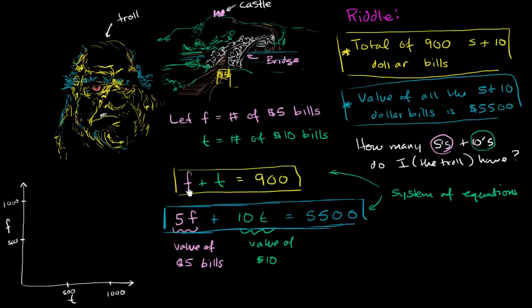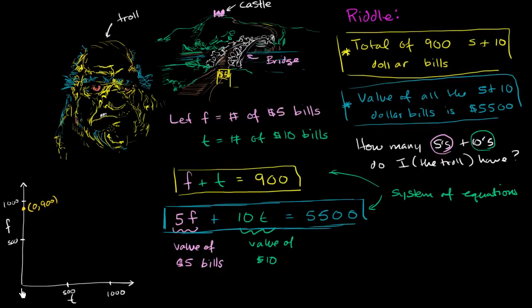So let's think about all of the combinations of f's and t's that satisfy this first equation. If we have no 10s, then we're going to have 900 5s. So that looks like it's right about there. That's the point: 0 10s, 900 5s. But what if it went the other way?